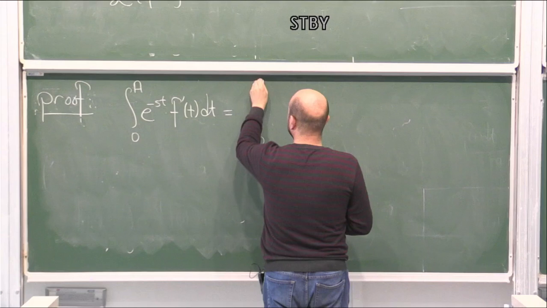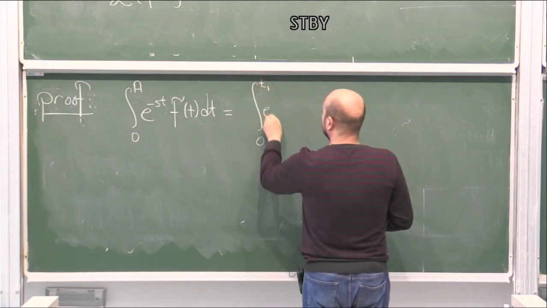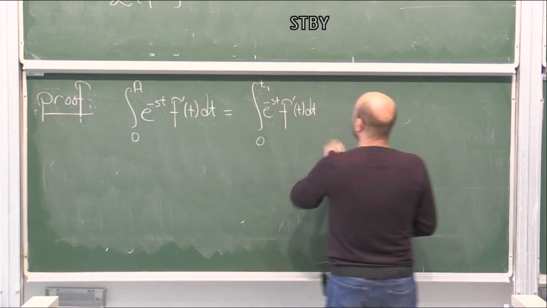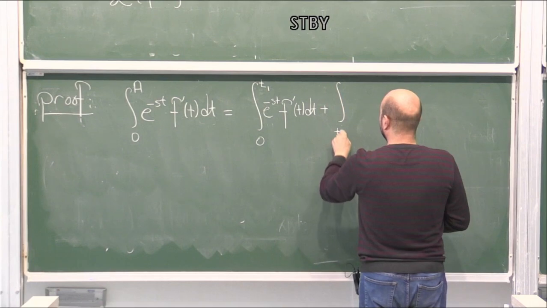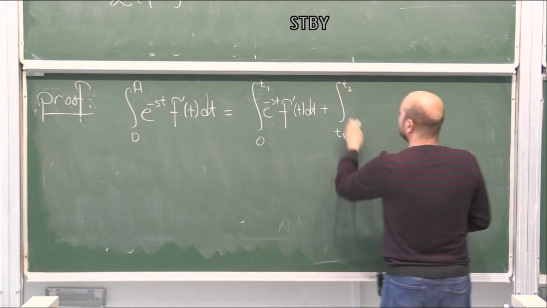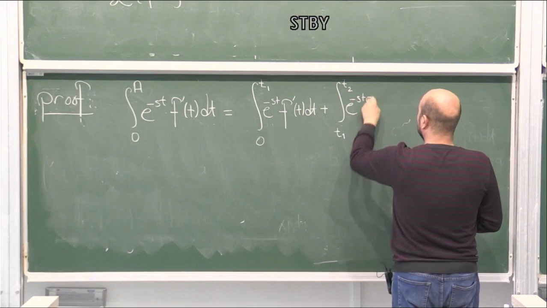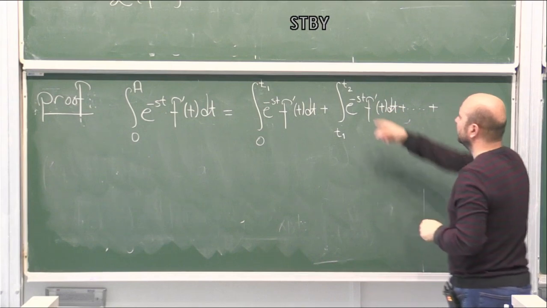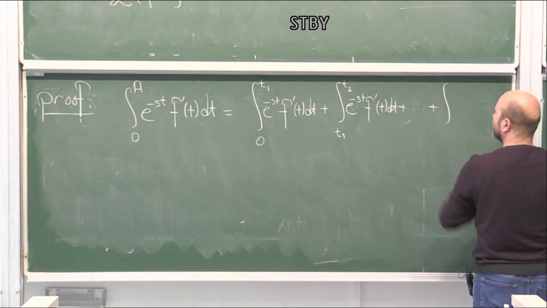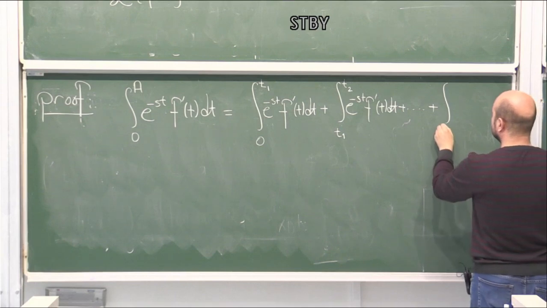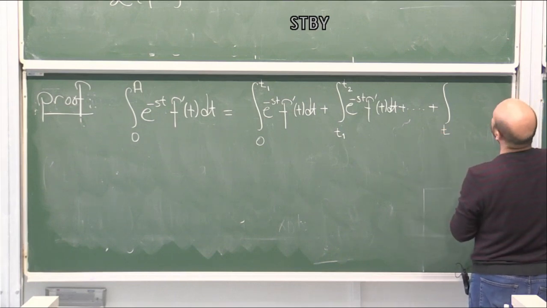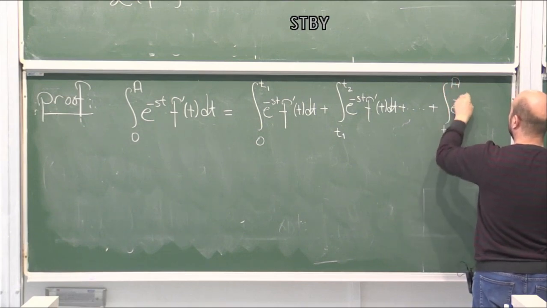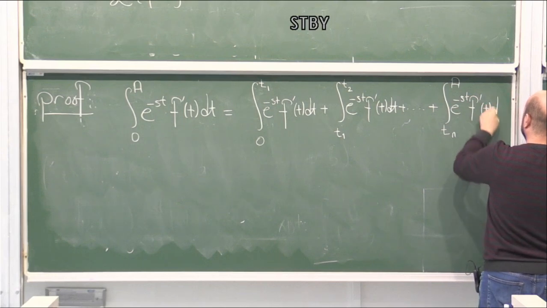From 0 to t1, e to the minus st f prime t dt, plus from t1 to t2, e to the minus st f prime t dt. This will continue until the last point where our function is not continuous, let's say tn, to a, e to the minus st f prime dt.